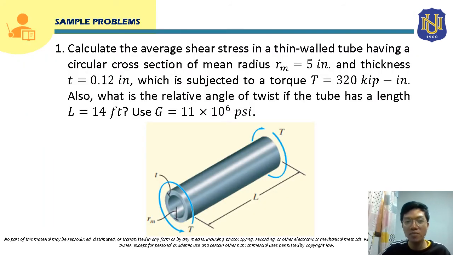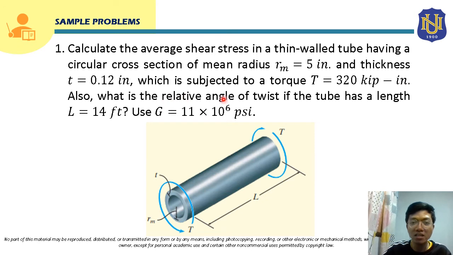For sample problem number 1, calculate the average shear stress in a thin wall tube having a circular cross-section of mean radius equal to 5 inches. The mean radius, class, is the radius from the center of the cross-section to the median line. The thickness is 0.12 inches, and the tube is subjected to a torque T equal to 320 kips-inch.